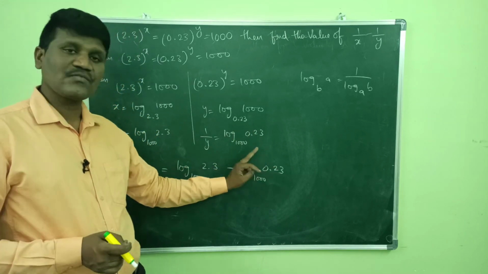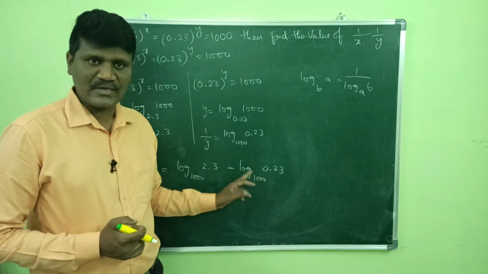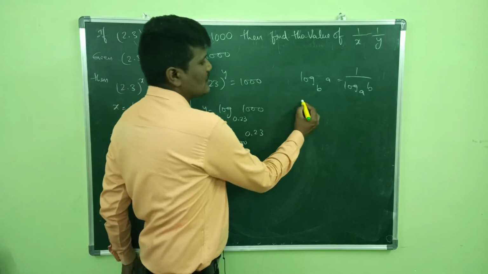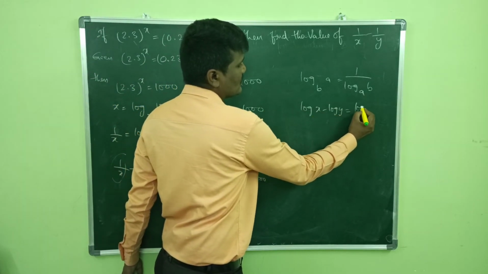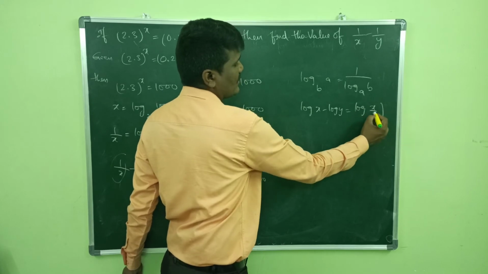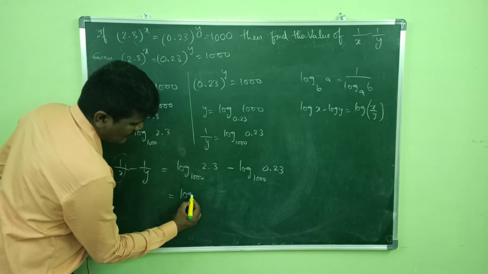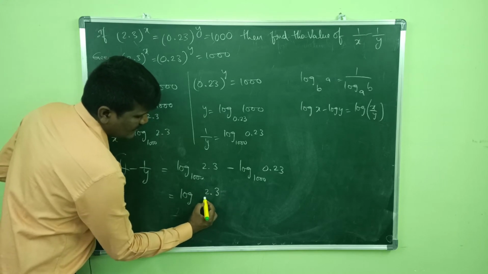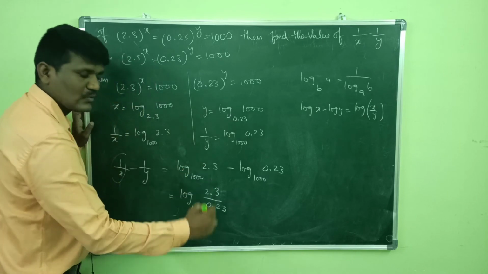Log x minus log y is equal to log x/y, providing the base should be the same. Here the base is the same. The formula which I should use is log x minus log y is equal to log x/y. In the same way I'll use here log (2.3/0.23) to the base 1000.